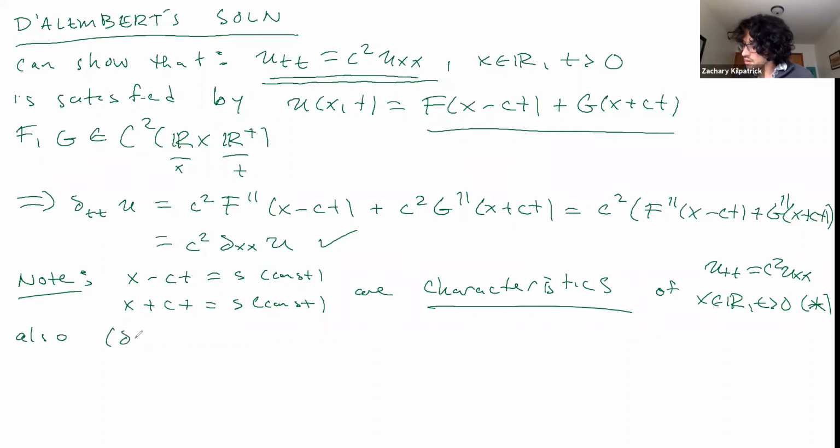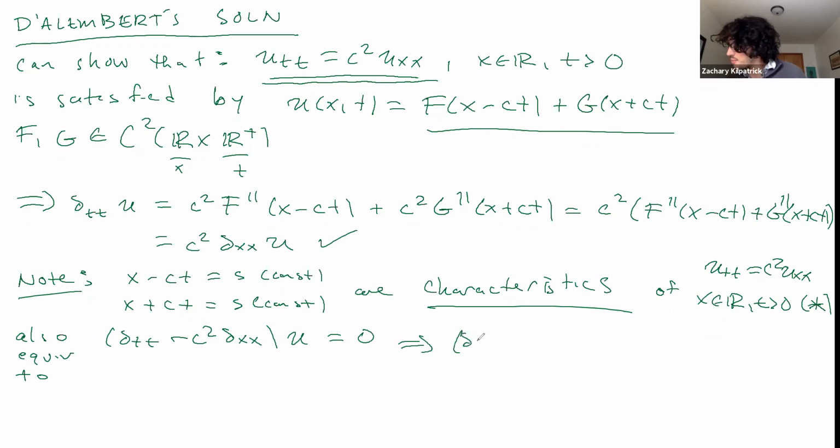Also, if I take this operator now and write it like this, so this is also equivalent to that. But notice that I can pull that operator apart as d_t minus c d_x and d_t plus c d_x.